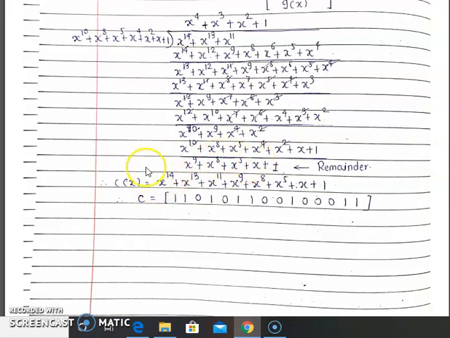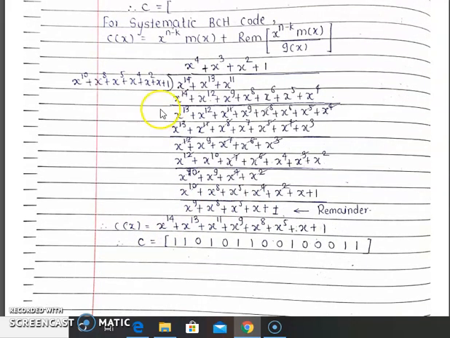Now what is our code word according to the formula? It is x raised to n minus k into m of x, that means up to this, plus the remainder x raised to 9, 8, 5 plus x plus 1. Now starting with 0 to 14, that means a total of 15 bits in the code word. Write down the bits for this code word polynomial: 14 is present, so 1; 13 is present, so 1; 12 is absent, so 0; 11 is present, so 1.